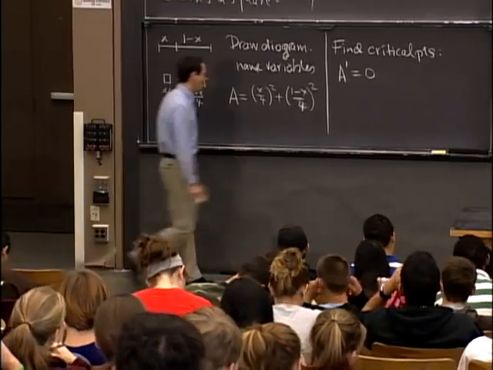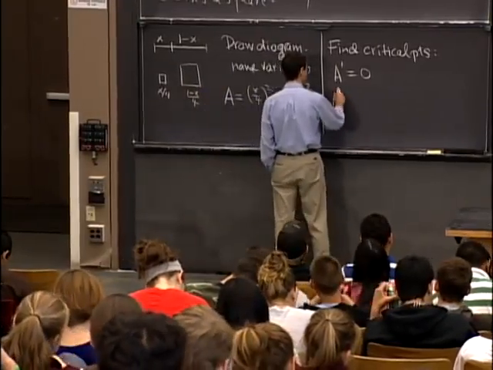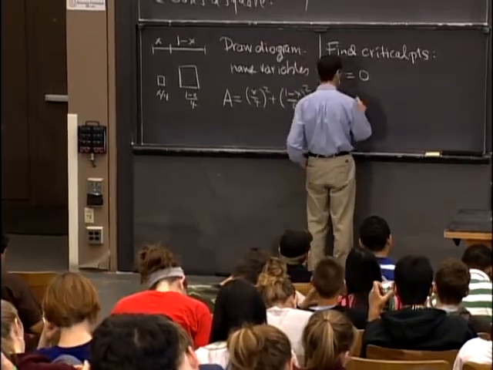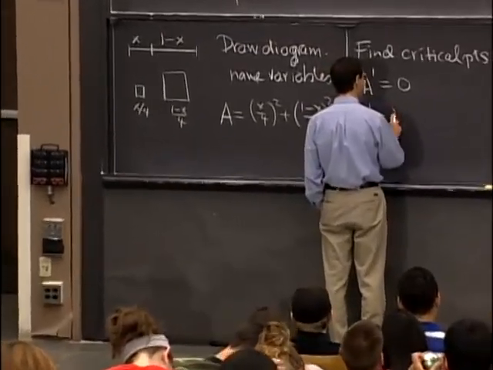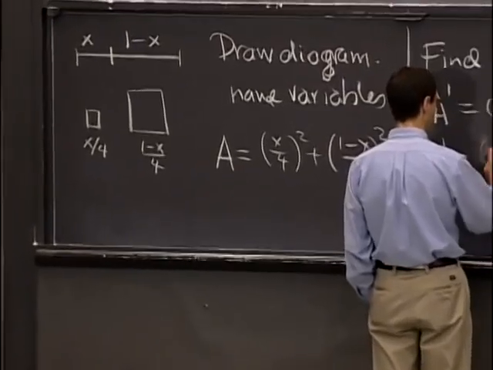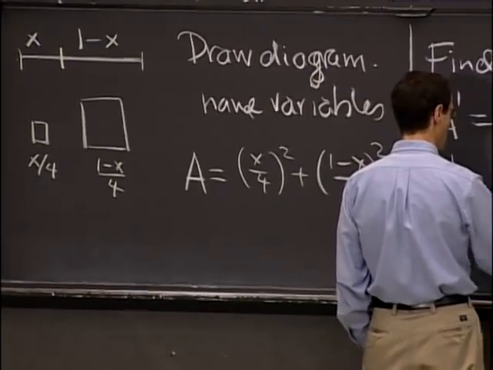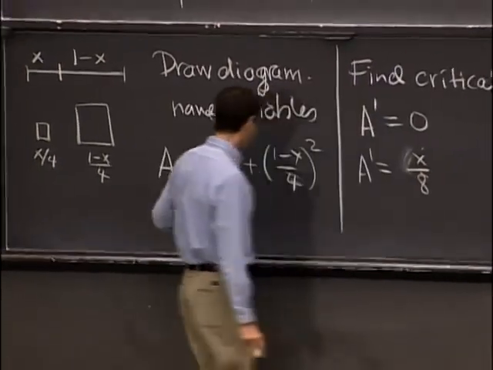So if I do that differentiation, I get, for the first one, x squared over 16, that's x over 8. That's the derivative of this.